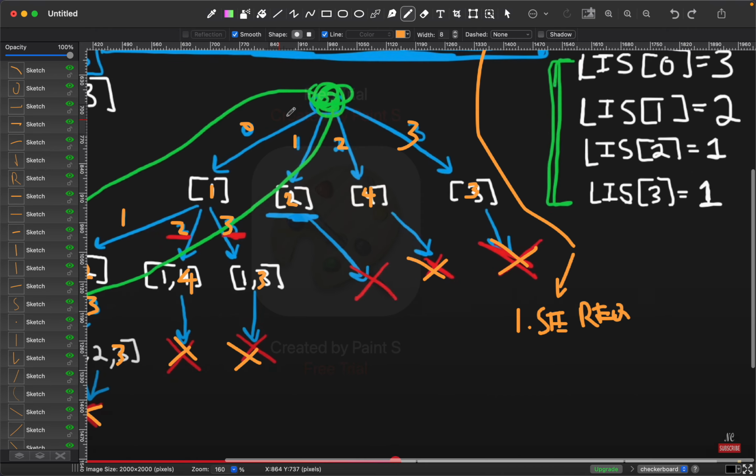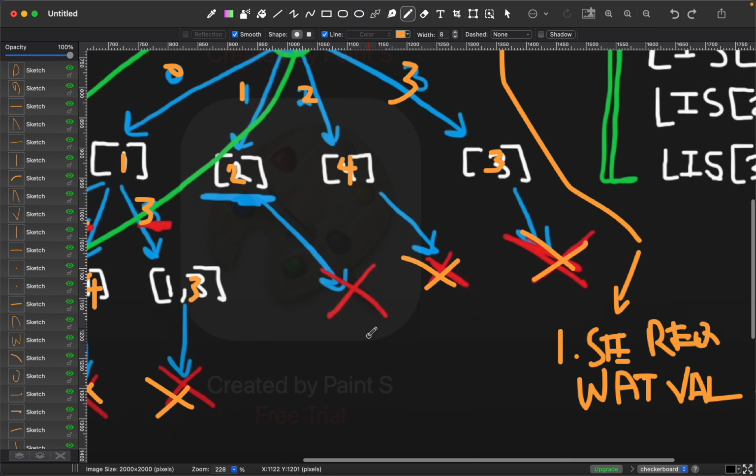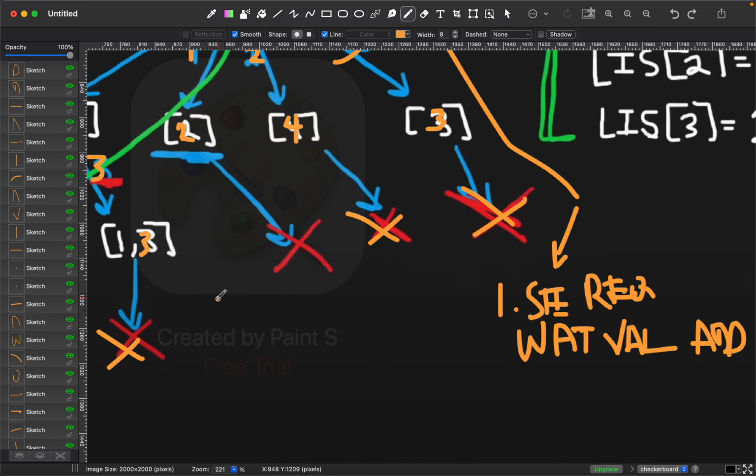So say for this one, it's just saying what value is going to be added. And other times it will say the mana cost that it will incur.